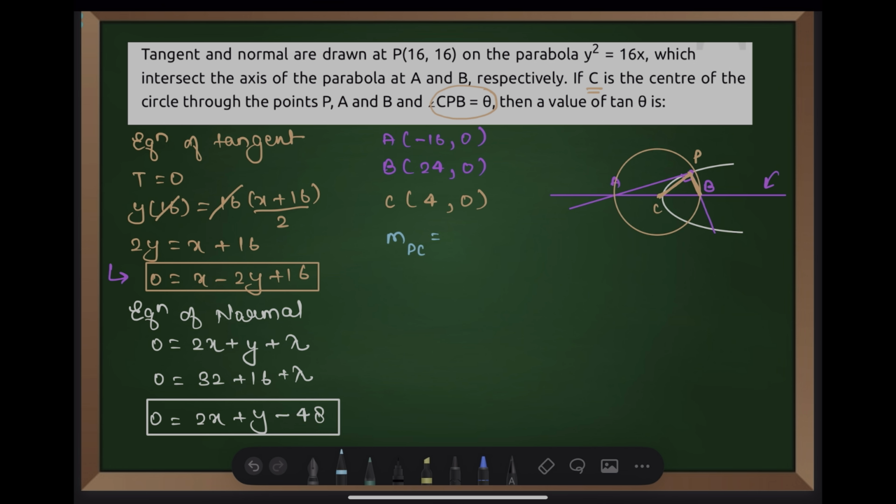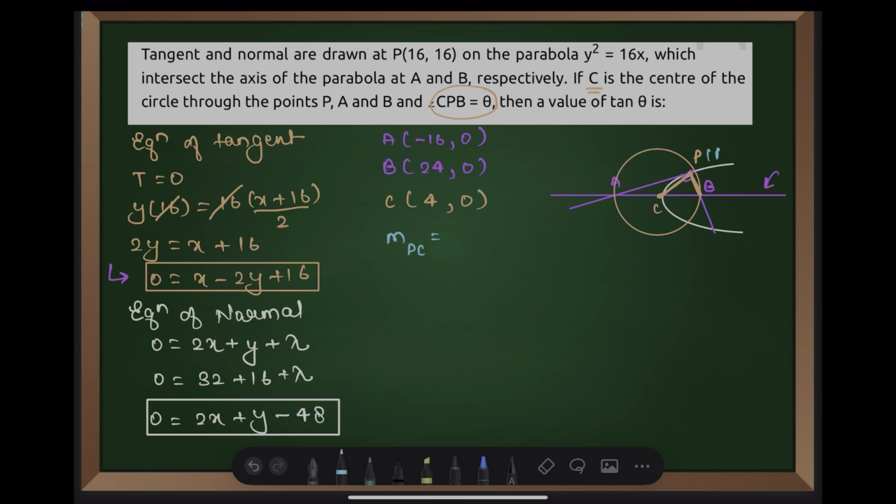Because you know P and you know C, so you can find the slope of PC.